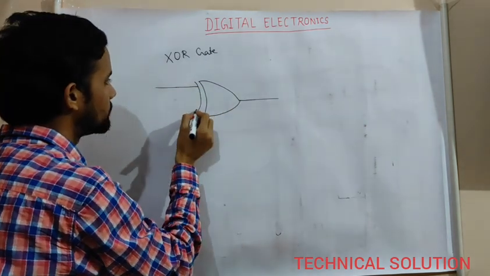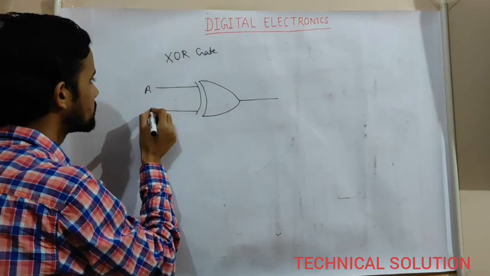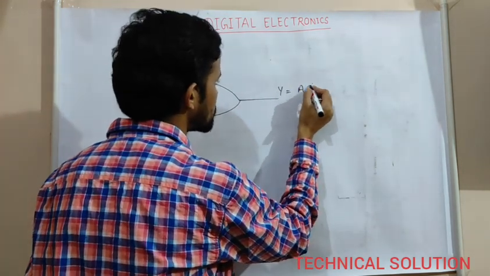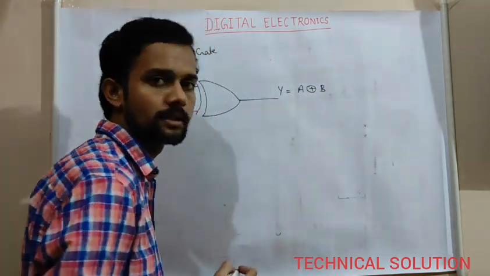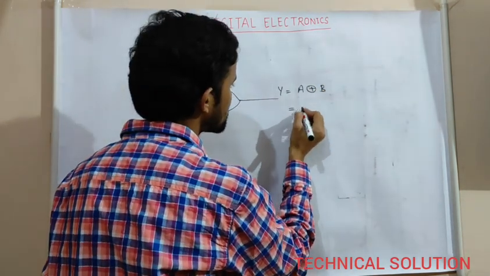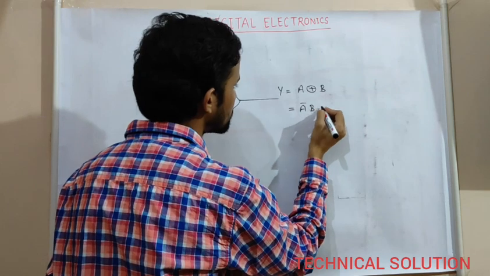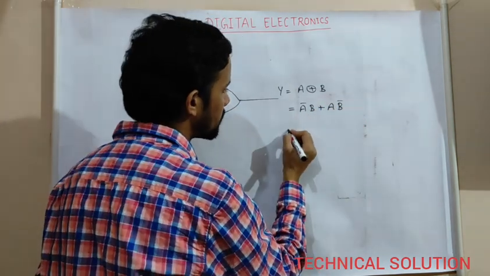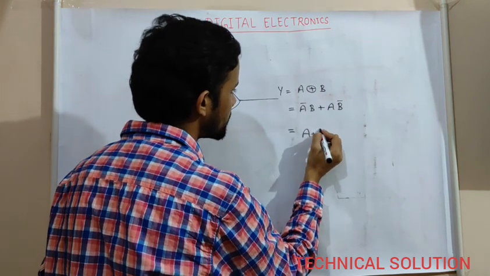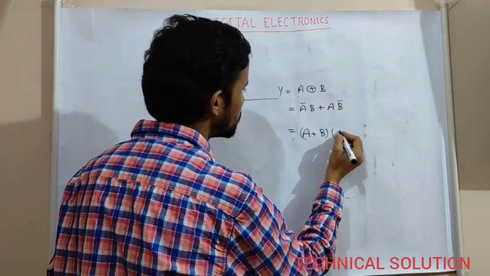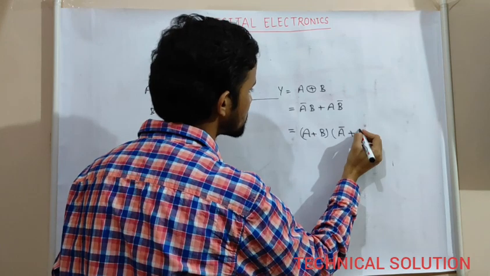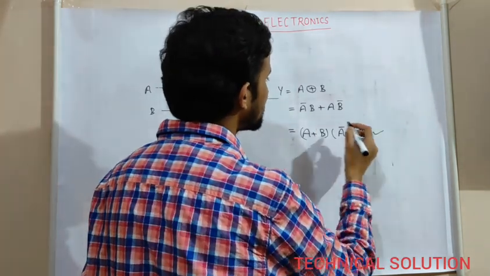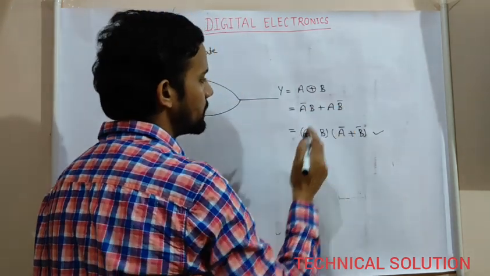That is input A, B, and output is A XOR B. This A XOR B is also written as A bar B plus A B bar, or it can also be given as A plus B into A bar plus B bar. If we expand this expression, then we get A bar B plus A B bar.